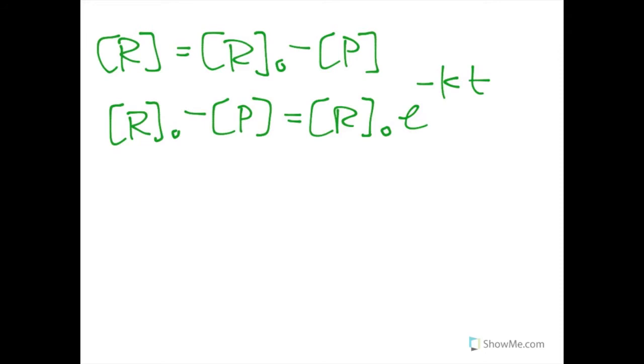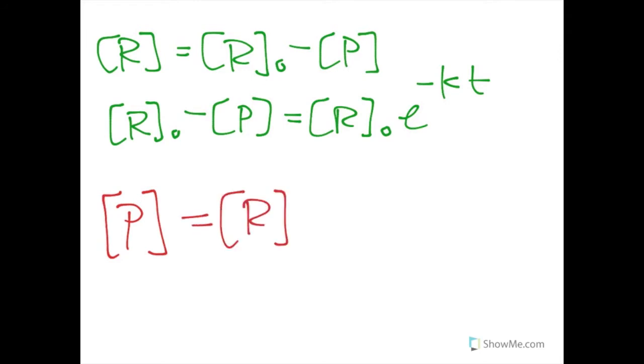And we can solve this for P, where the concentration of P is equal to R naught times 1 minus e to the minus kt.